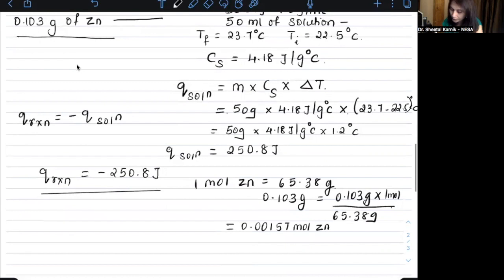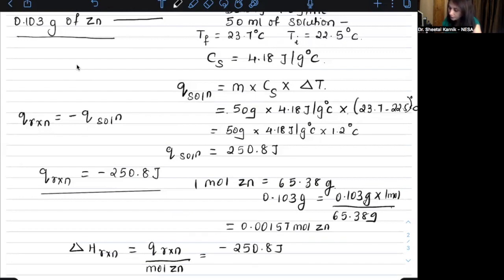So now to calculate the delta H of the reaction, I'm going to divide the Q of the reaction by the number of moles of zinc, because I need to calculate how much is the heat per mole of zinc. So this is equal to negative 250.8 joules divided by 0.00157 moles of zinc.